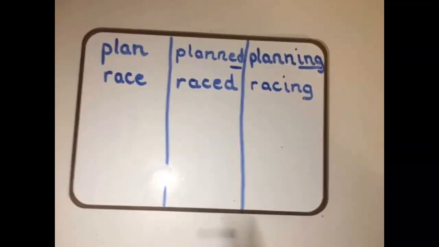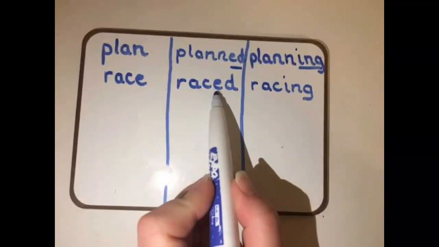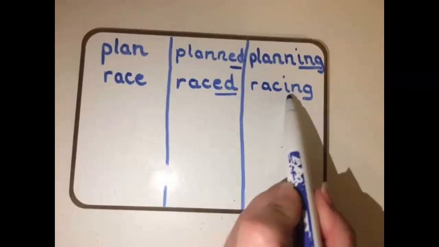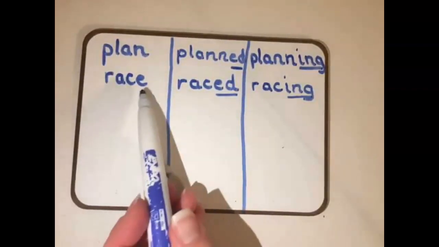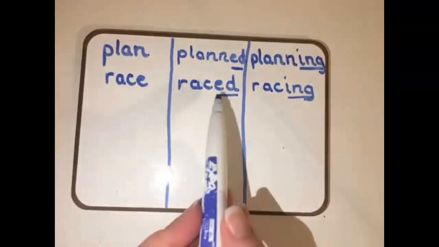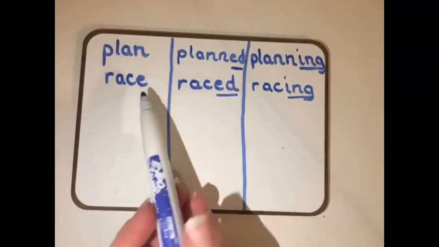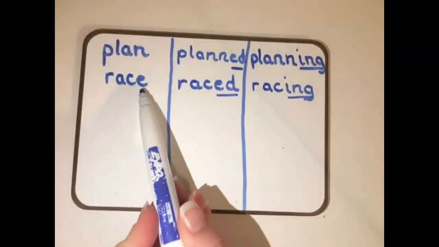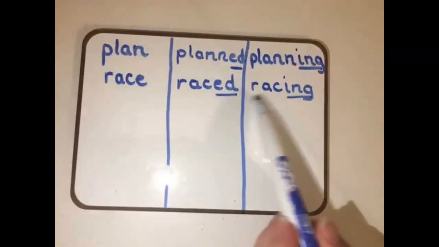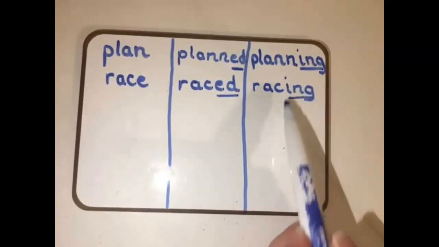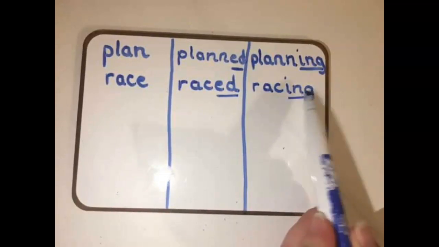Okay? So our suffixes are here and here, and because we're ending with a vowel, it changes things, particularly with an E. We're using the suffix of ED, so we are using this E as part of the suffix now, okay? And with racing, we drop the E altogether and add ING.